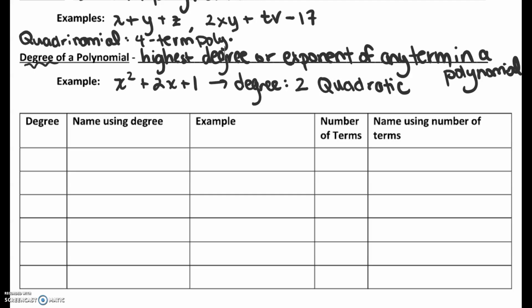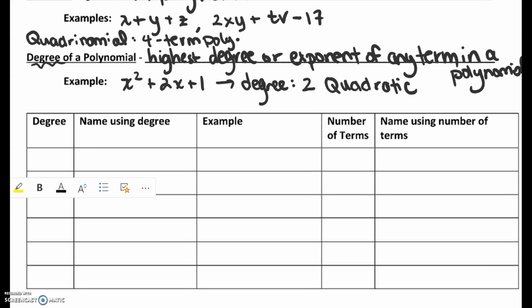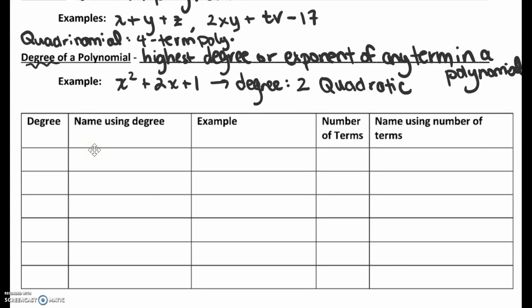And we're going to actually start with a degree of 0. And what we call this when the degree is 0 is a constant. Because if we have a degree of 0, let's say I have 3x to the 0. Well, anything to the 0 power is 1.